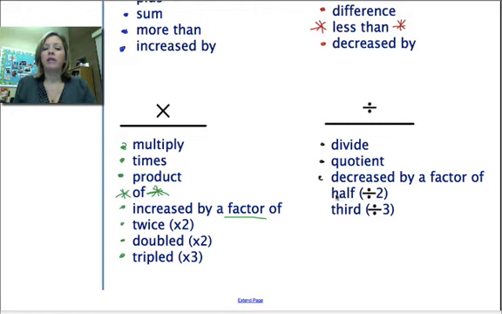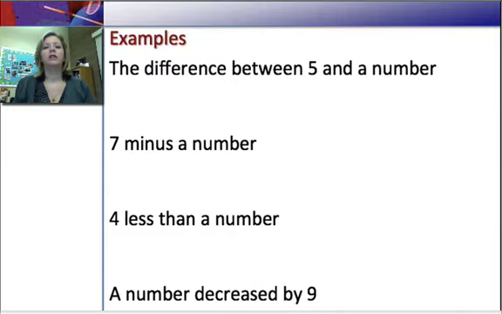If I want half of something, of course I'm going to divide by 2. If I want a third of something, of course we'll divide by 3. Now like I said, these lists are not the entire list. We can certainly add to these lists as we go along. So leave some space in your notes so we can keep adding words that indicate each of these operations. Okay? Alright, so let's do a few examples.